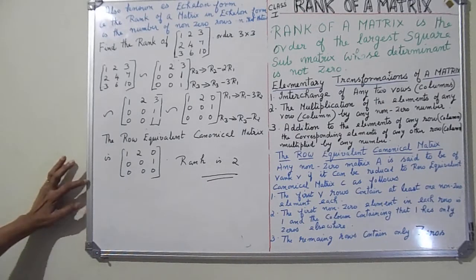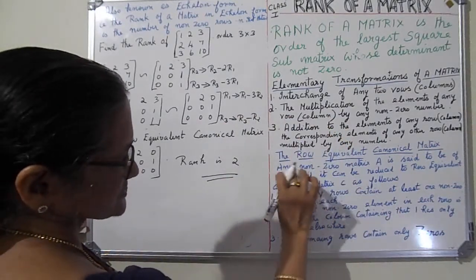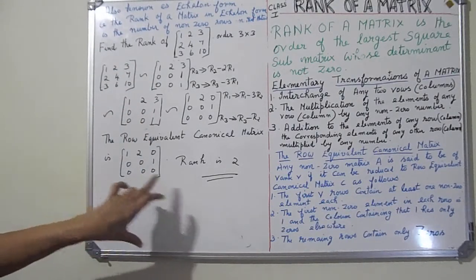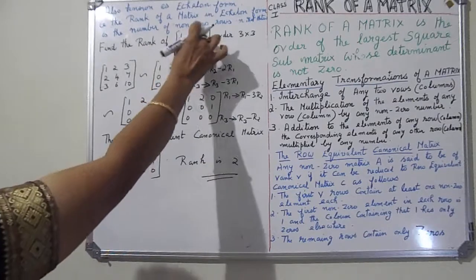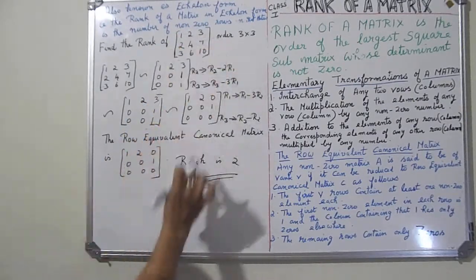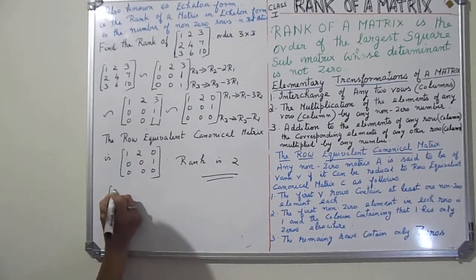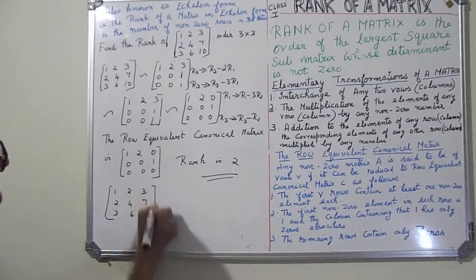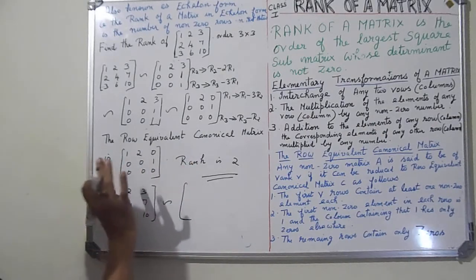So you should have an idea of elementary transformations, and after performing them you get the row equivalent canonical matrix, and after obtaining it we can find the rank of the given matrix. The given matrix 1, 2, 3, 2, 4, 7, 3, 6, 10 is equivalent to the row equivalent canonical matrix, because we are performing operations only on rows.